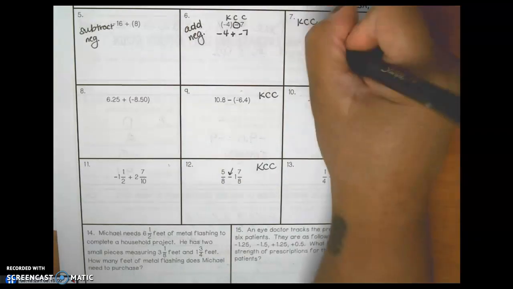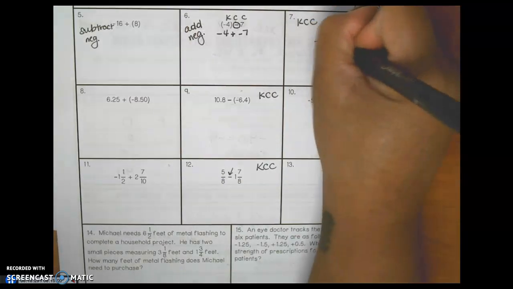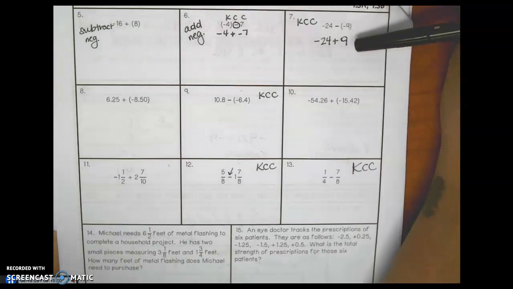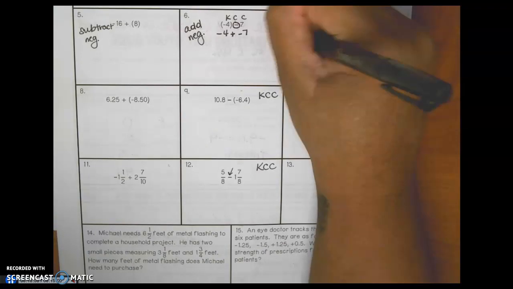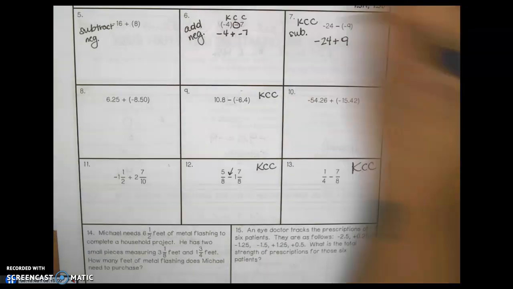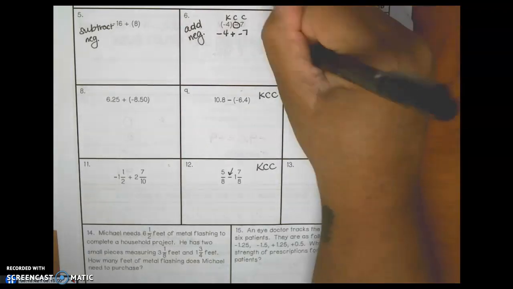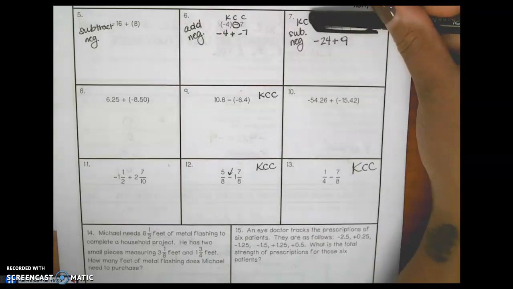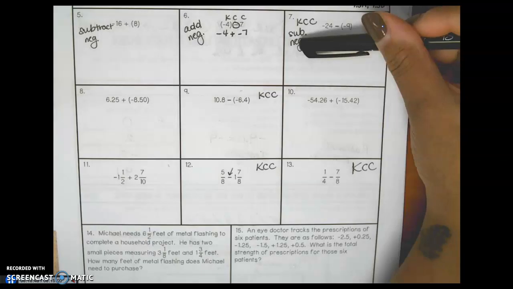Over here, let's keep, change. What do I do? Add or subtract? They have different signs. Subtract, and then what kind of answer will I get? Three pieces here: keep, change, subtract, get a negative answer.